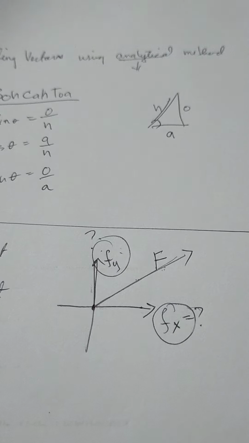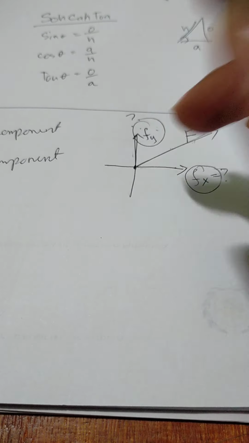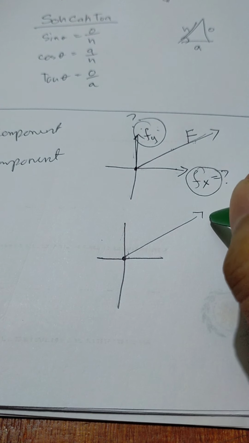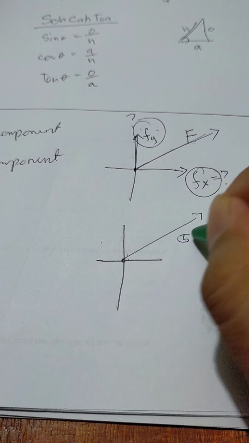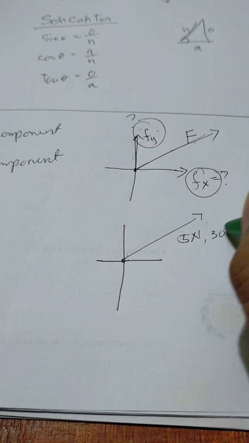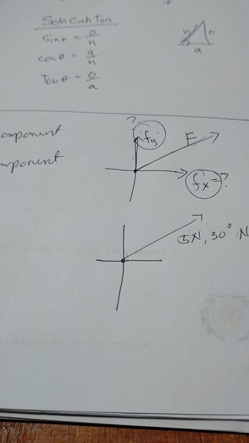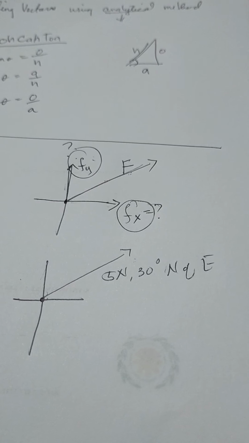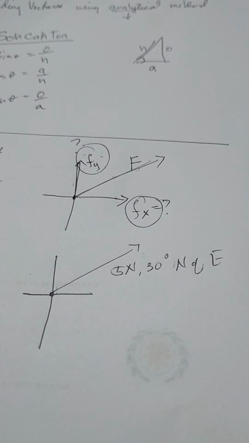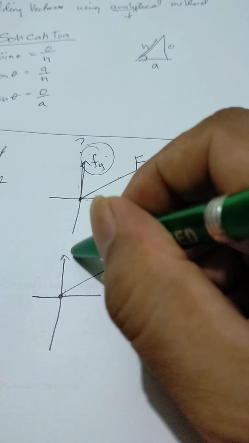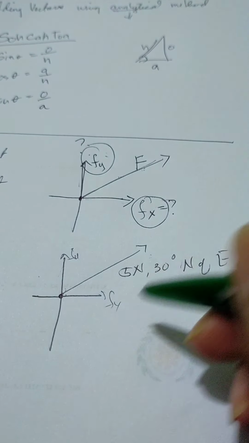Let's try an example. Let's take 5 Newton, 30 degrees north of east. So that is the vector, 5 newtons 30 degrees north of east. How do we find the value of Fy and the value of Fx?